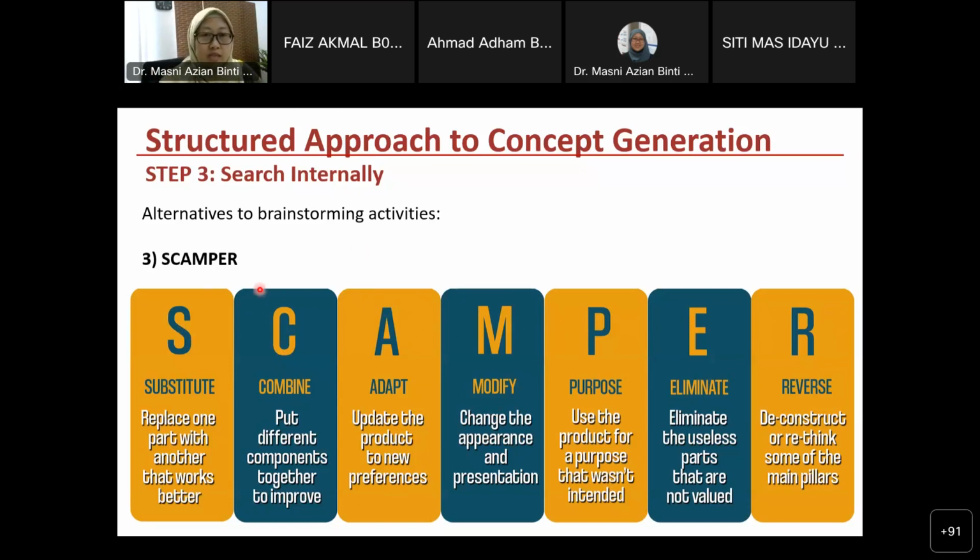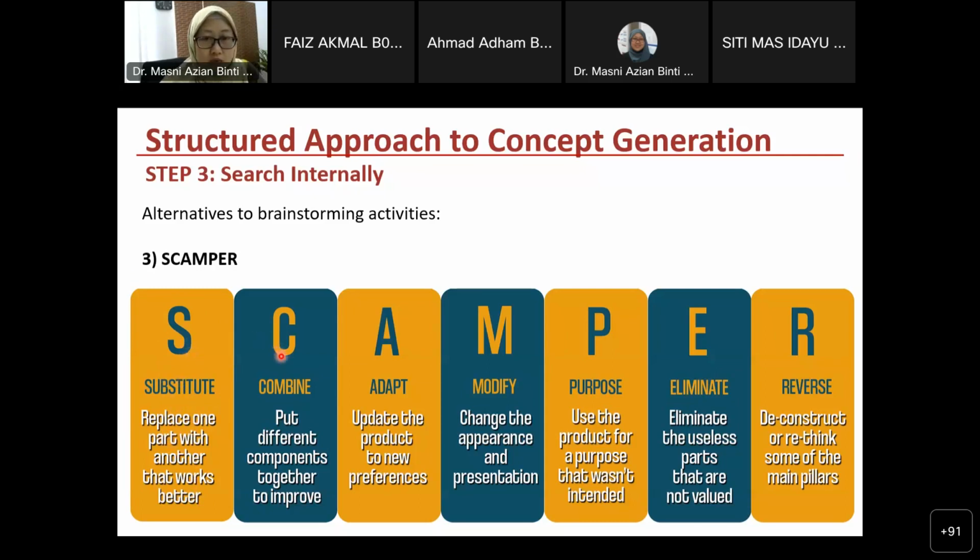Scamper is an abbreviation. For example, S stands for substitute. So what if in the new design, you replace the part? Substitute means ganti. So let's say a new design concept is that you substitute that part with another part that works better. That is the S in Scamper. So that's how you generate a new design idea.